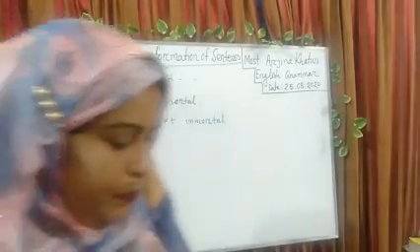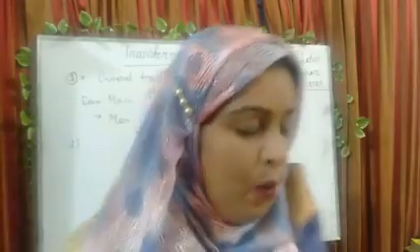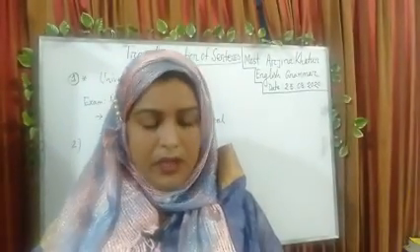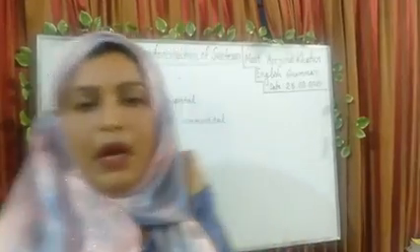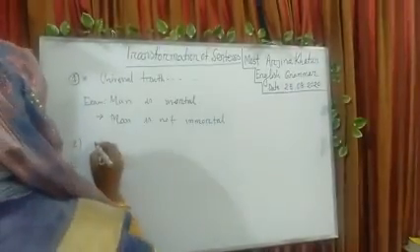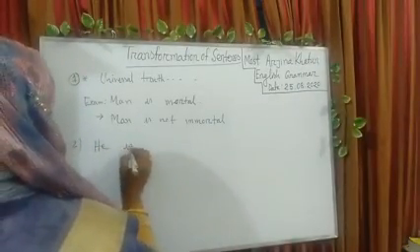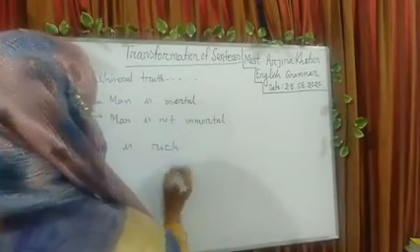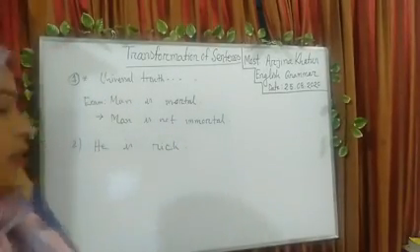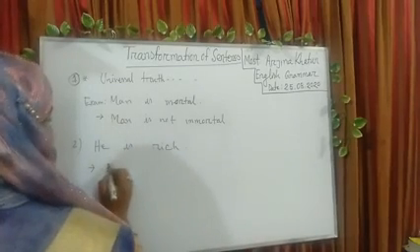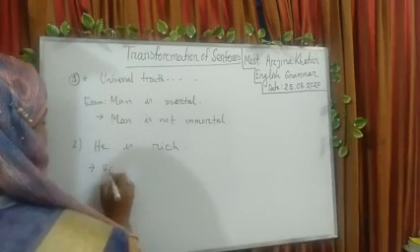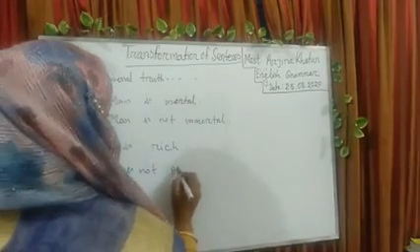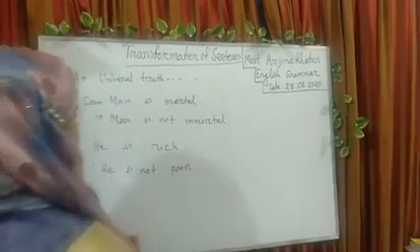Rule 2. Here we use the sentence, he is rich. He is rich. He is not poor. Use the opposite word.